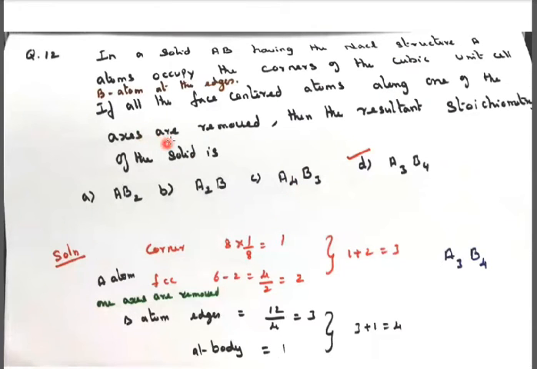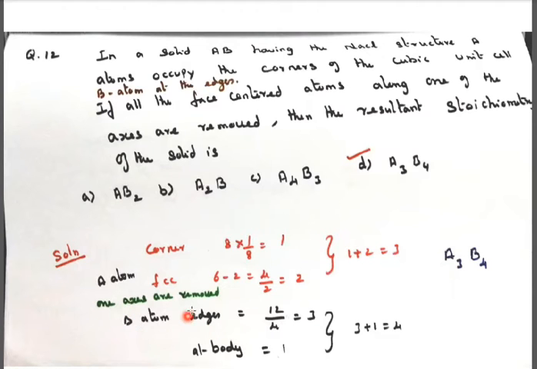Face-centered atoms along one of the axes are removed, meaning 2 atoms are removed: 6 minus 2 is 4, 4 by 2 is 2, and 1 plus 2 equals 3. So the number of A atoms is 3.